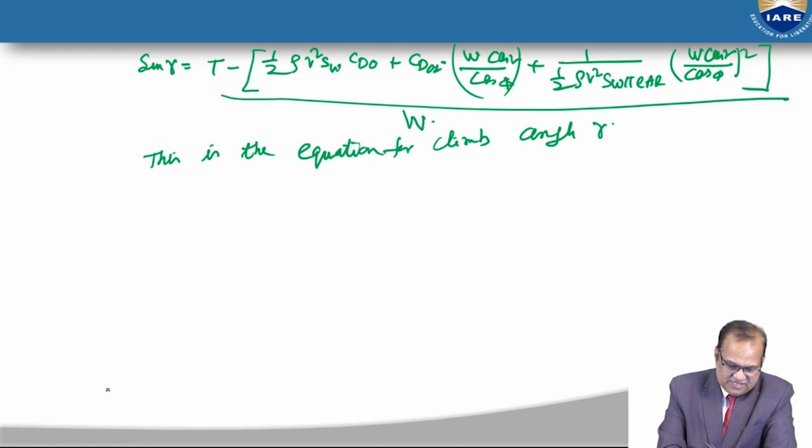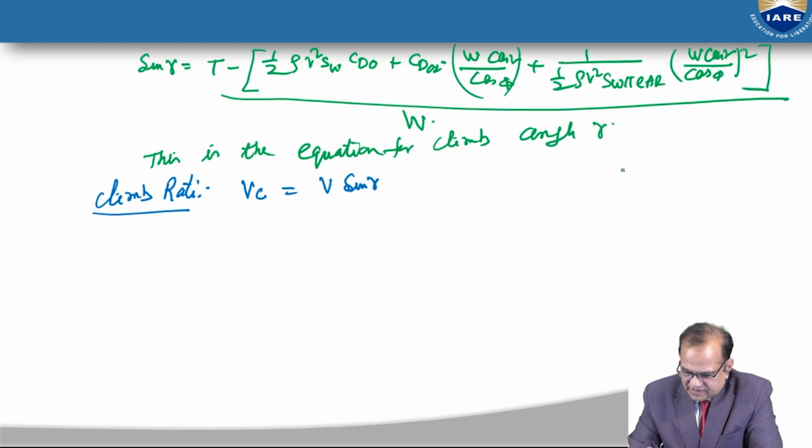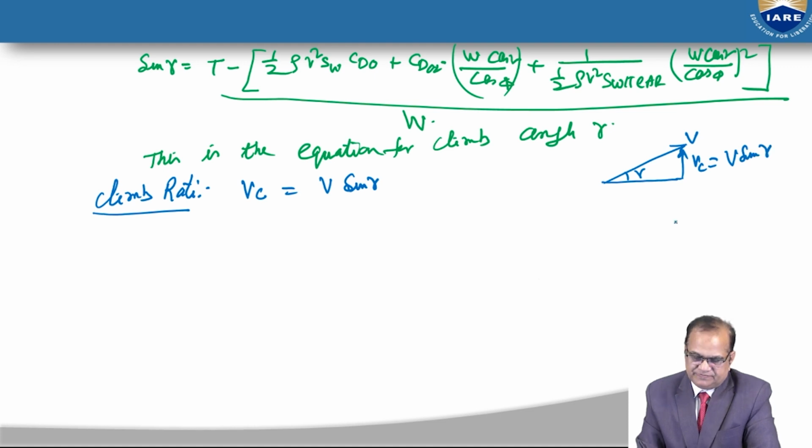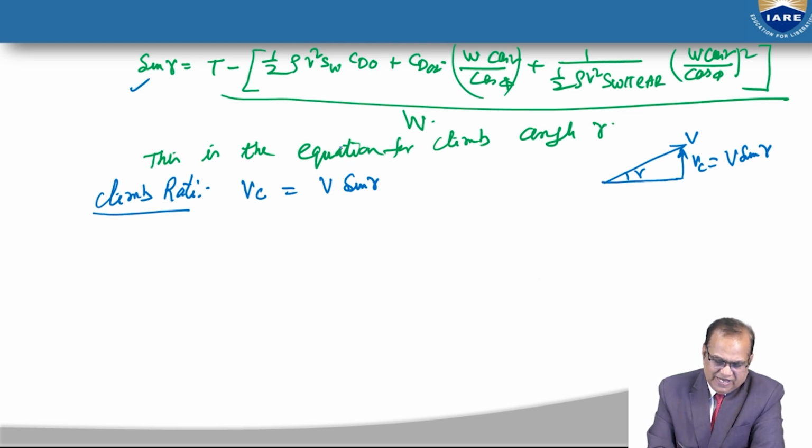Now we have to find out the climb rate. So I will take this climb rate for turn. How to find out? We know that VC is equal to V into sin gamma. If you see here, this is the V, this is the gamma, this is the VC, and this is V into sin gamma. So we know the sin gamma from this equation, and we have to add it in this.